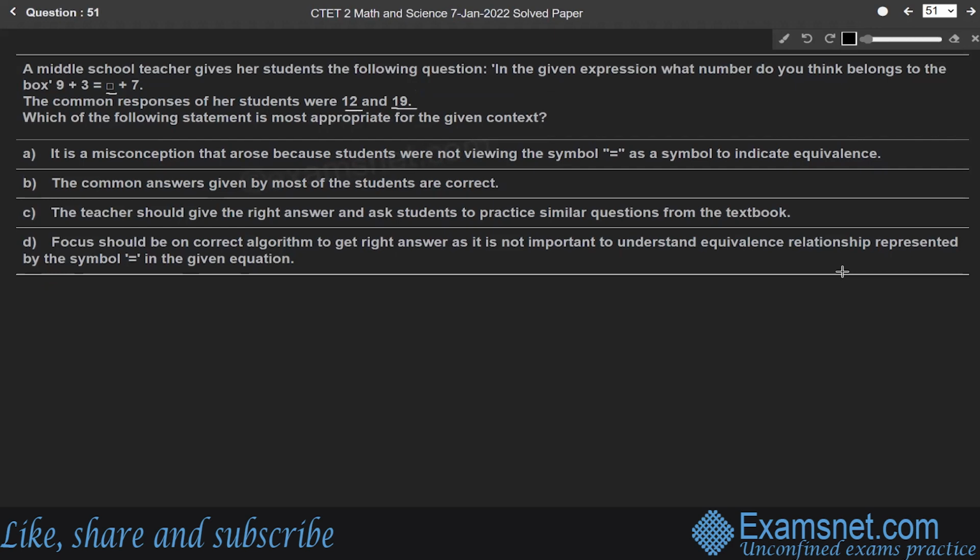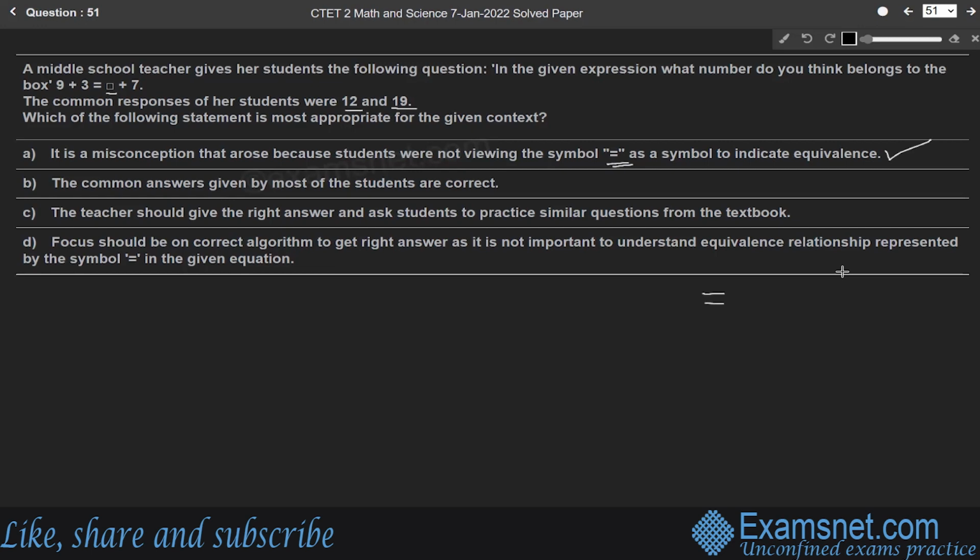Here in the options A, B, C, and D, it is a misconception that arose because students were not viewing the equality symbol as a symbol to indicate equivalence. So option A is the right answer because the students did not have a correct understanding of the equal symbol. Right?